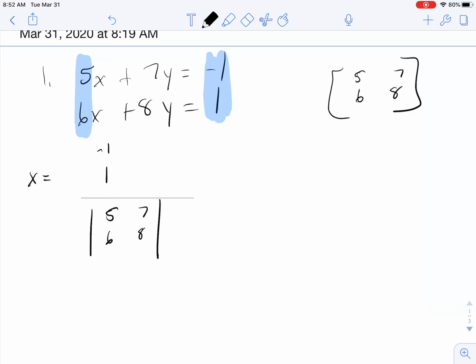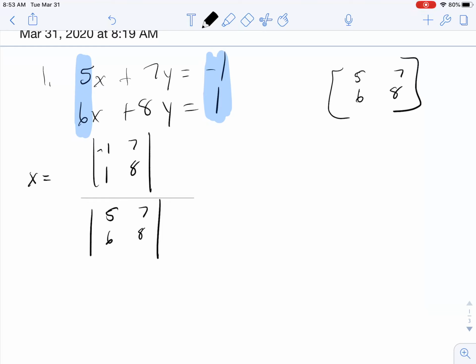It replaces the 5 and 6 coefficients. And then it's going to have 7 and 8. So 7 and 8, which are the coefficients for y, stays. So I can find what x is going to be by taking the determinant of the numerator.